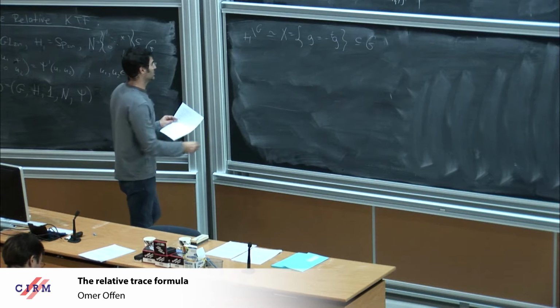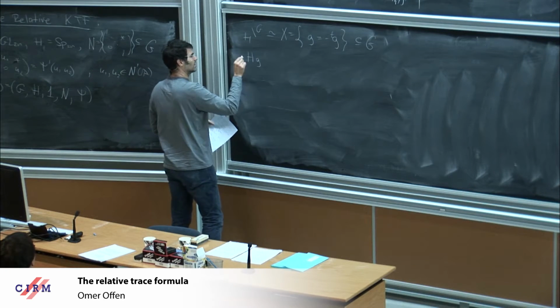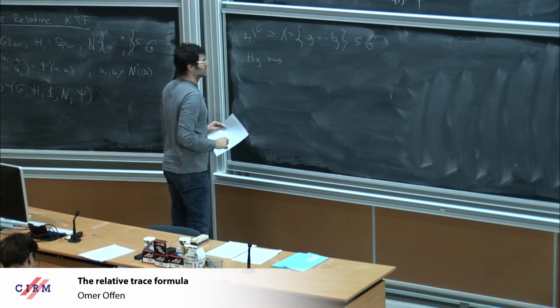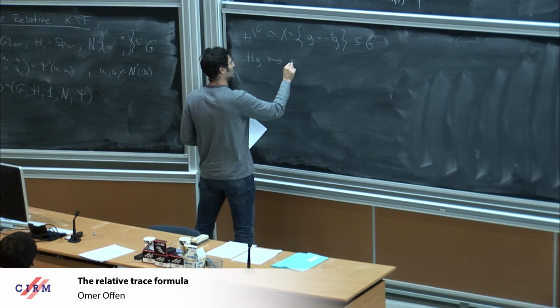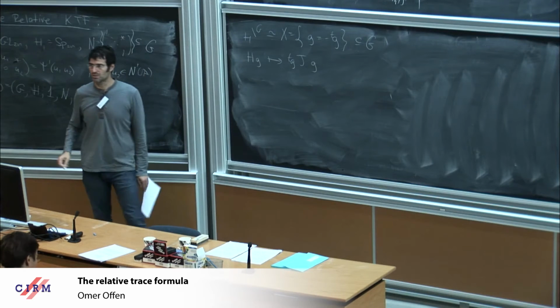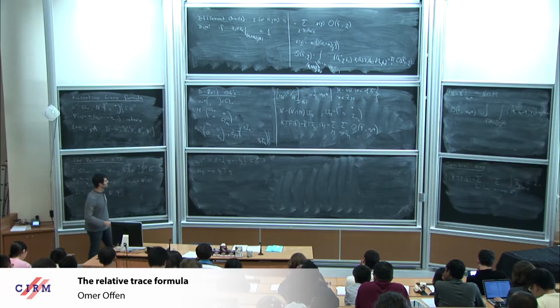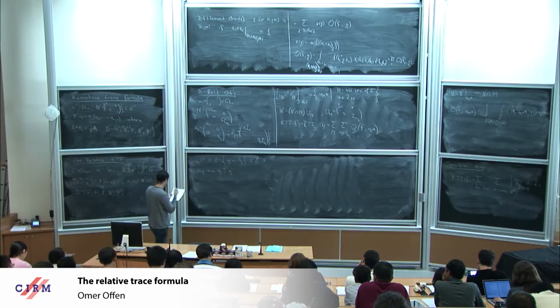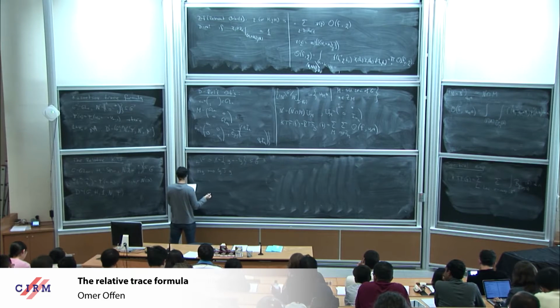Right? So we just take a right coset and send it to G transpose JG, where J defines the symplectic group. And then we get an identification of orbits.